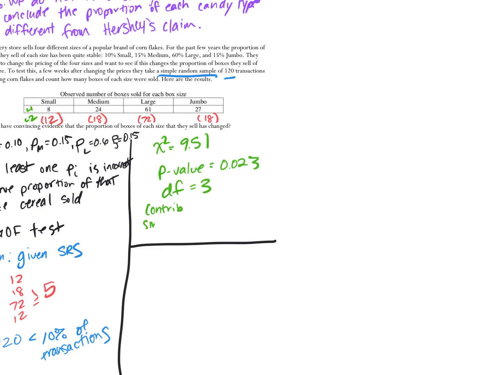for small, my contribution is 1.33. For medium, my contribution is 2. For large, my contribution is 1.68. And then if you hit that arrow key for jumbo, my contribution is 4.5. Those are in the order I put them into those lists.